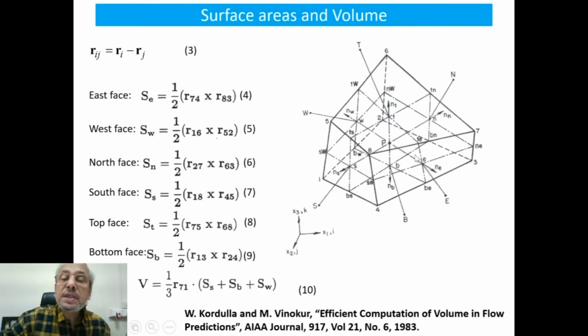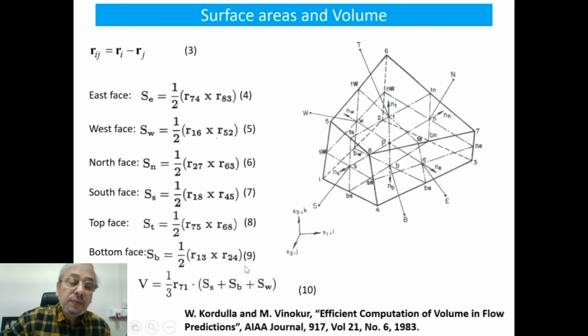Similarly, the top surface ST is given by half R75 multiplied by R68, and the bottom surface is given by half R13 into R24.